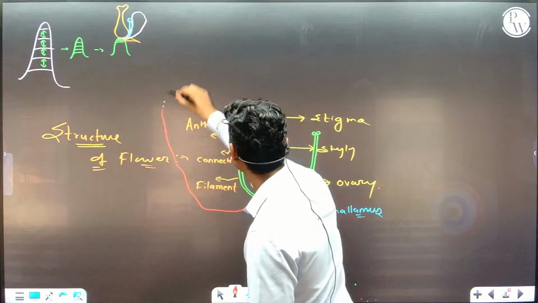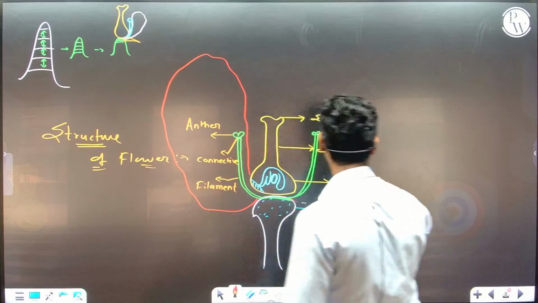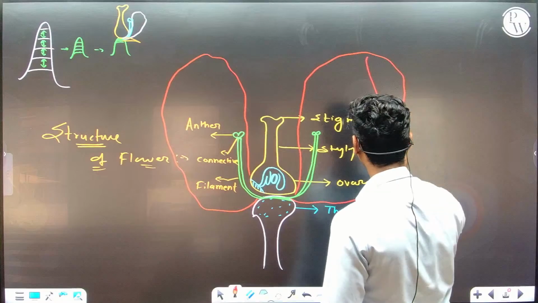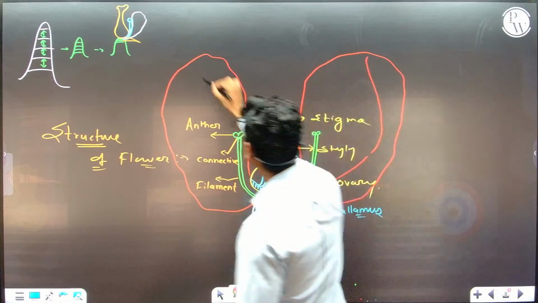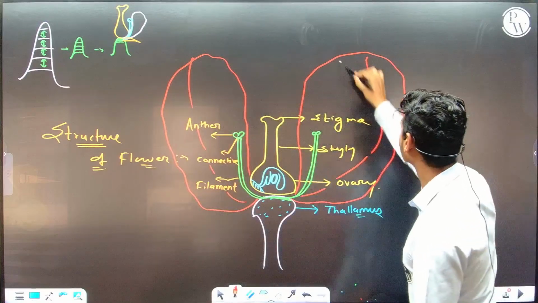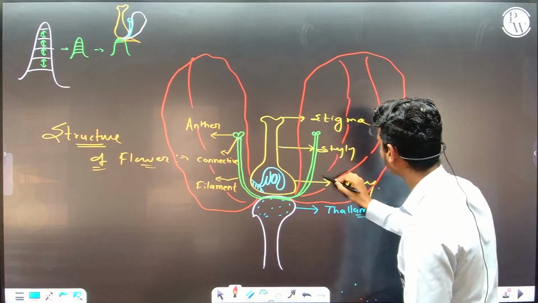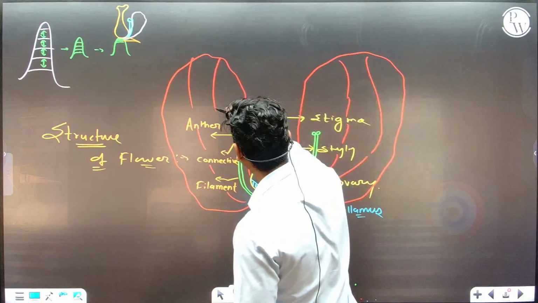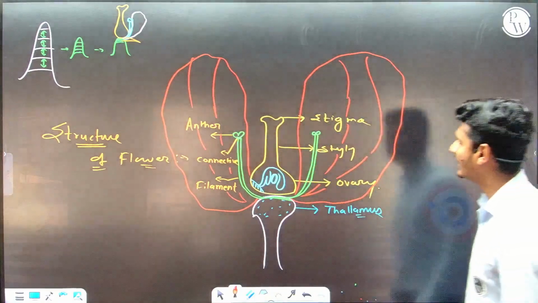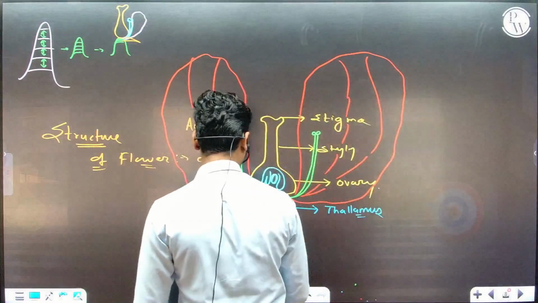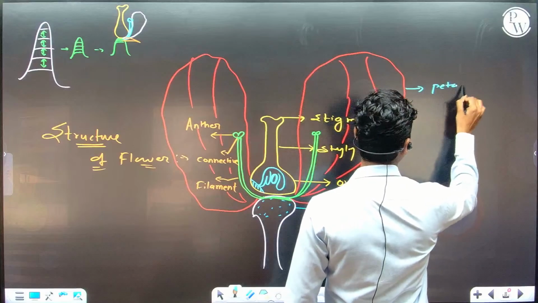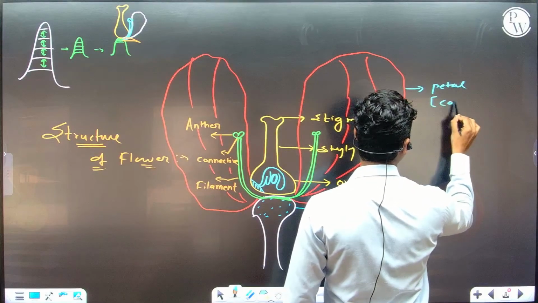Then there are petals. Those are the large petals which are present. Now a single one is known as a petal and combinedly they are known as corolla.